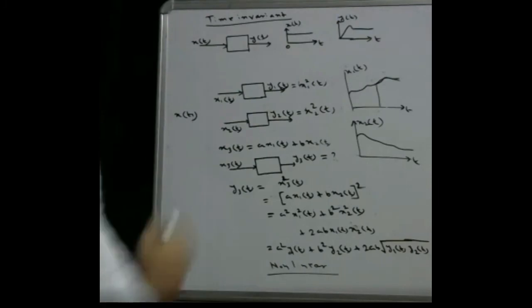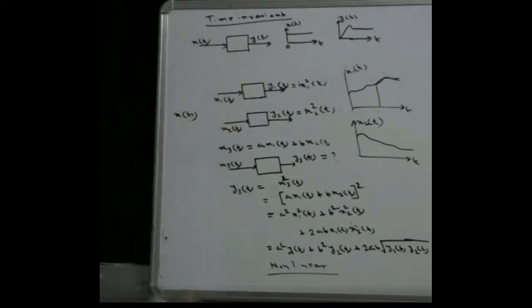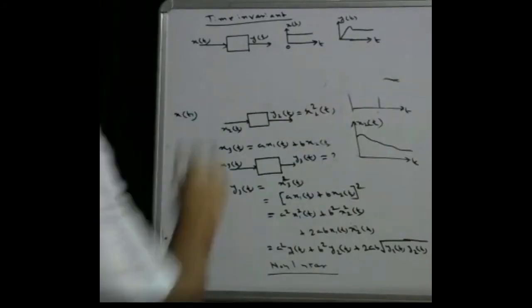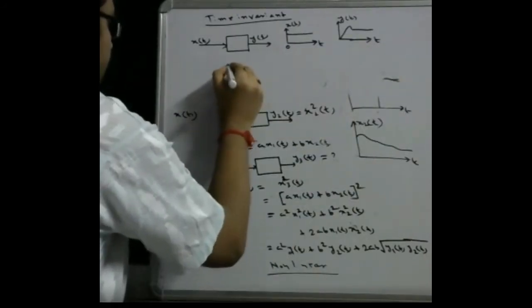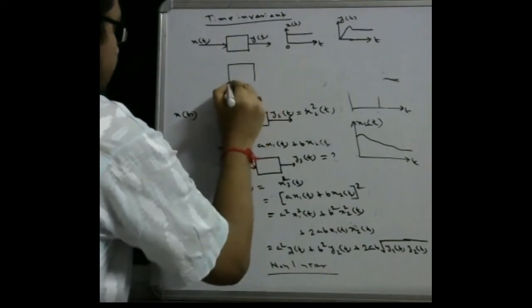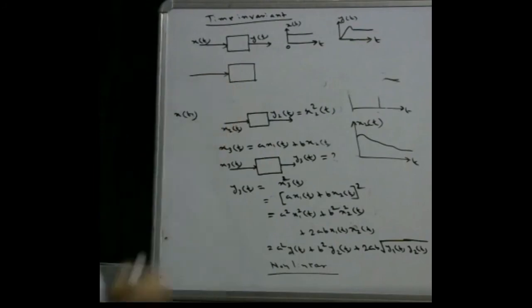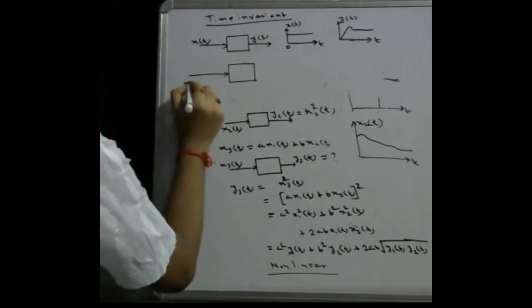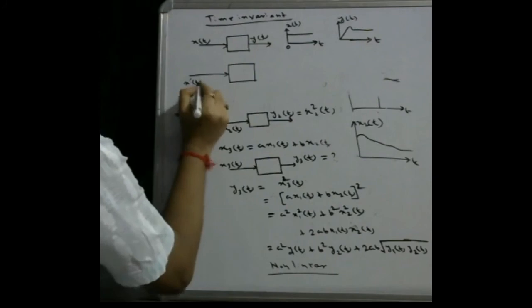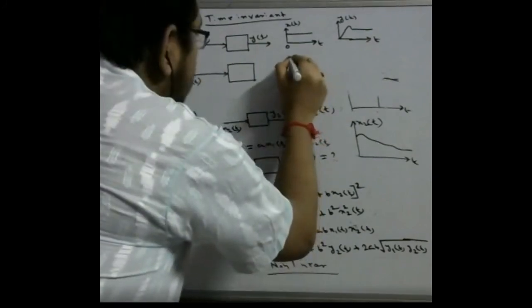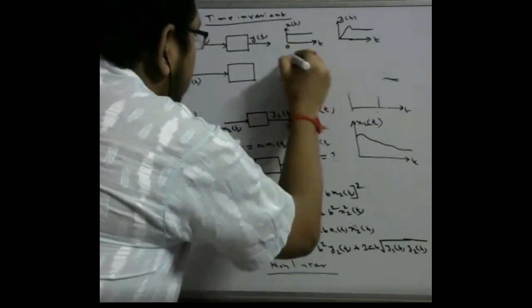Now suppose this same x(t) is applied after T time. Then the input is called x dash t, and this input is applied after capital T time.